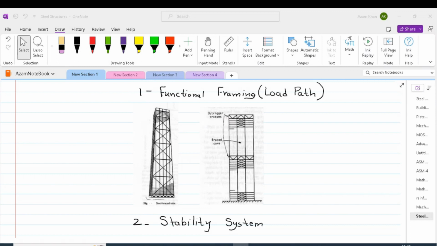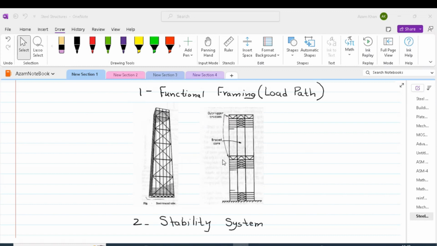Normally, the framing is subject to a gravity load path and a lateral load path due to wind load and seismic loads. These loads are transferred through different structural members such as columns, beams, trusses, braces, and connections. A well defined load path is crucial for the structural engineer to analyze, design, and detail the steel structure effectively.